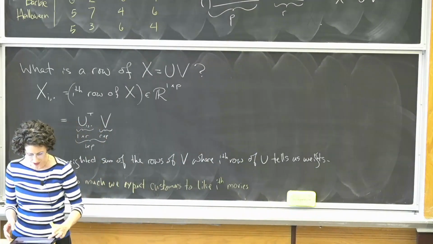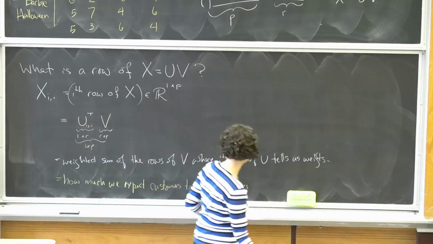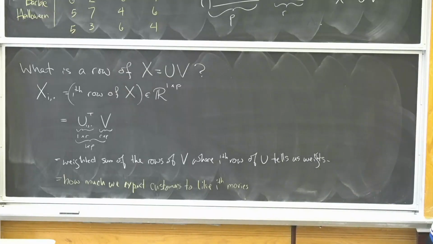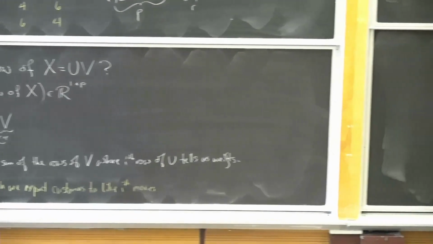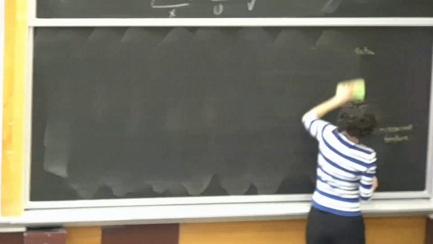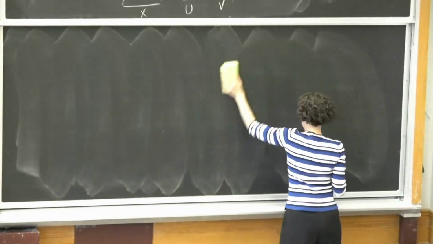Okay, so there's lots of ways to interpret what's happening here. I also want to talk about two different ways that we can think about matrix multiplication using both the notions of inner product, which we started off the day with, and outer product, which we mentioned briefly, but I want to elaborate on a little bit.